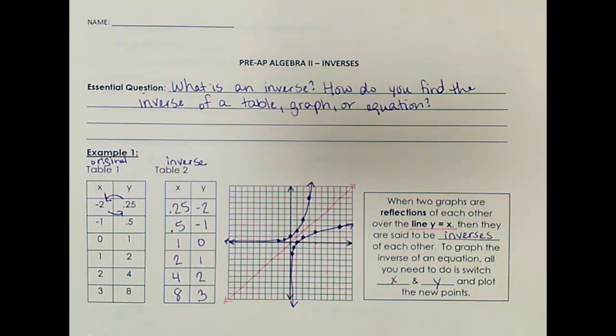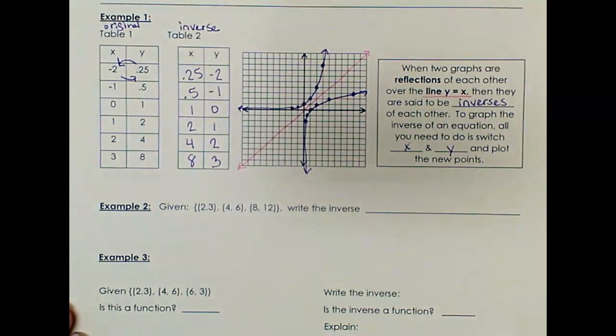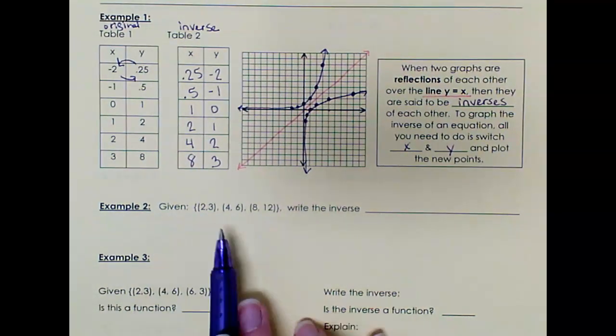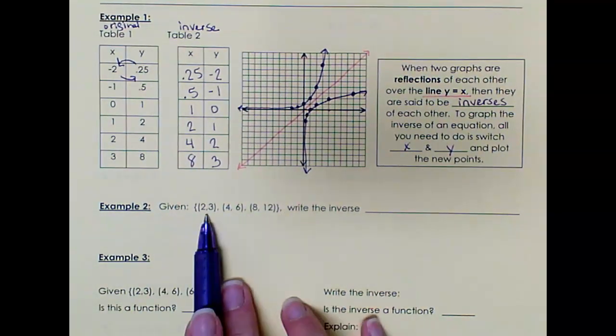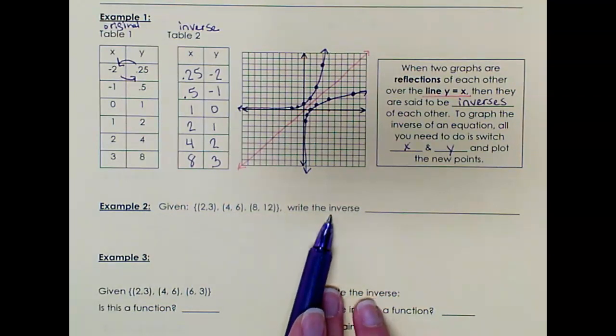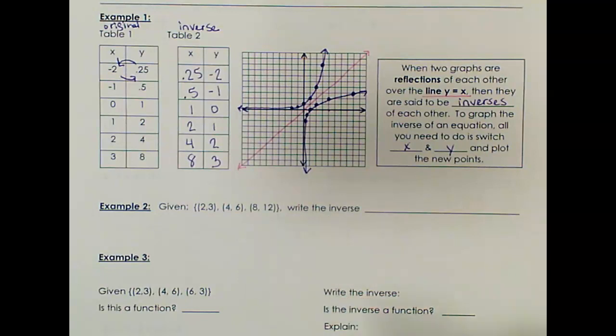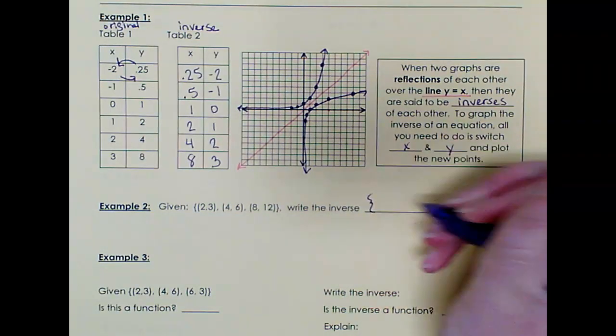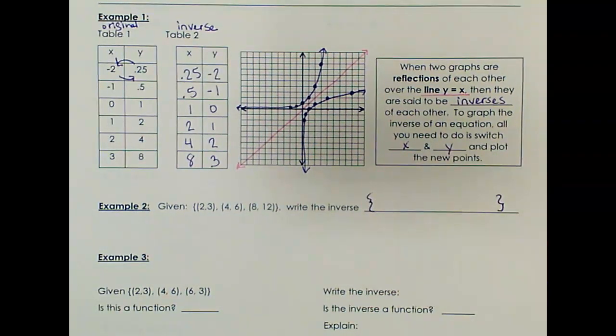So we're going to start off our conversation about inverses with a very simple idea of just switching x and y values. For example, let's say we're given this set of ordered pairs: (2, 3), (4, 6), (8, 12). If I want to write the inverse of these 3 points in a set, well, the inverse is going to be a set also. And instead of (2, 3), what would I do with those?